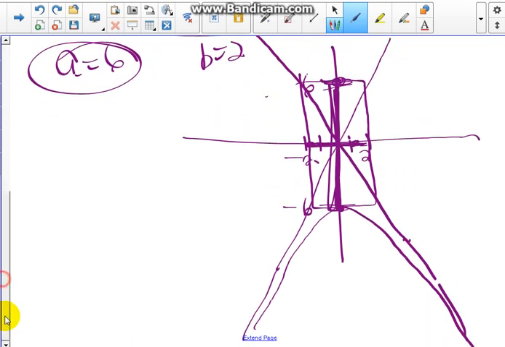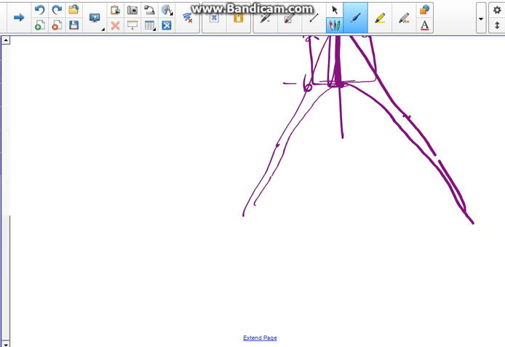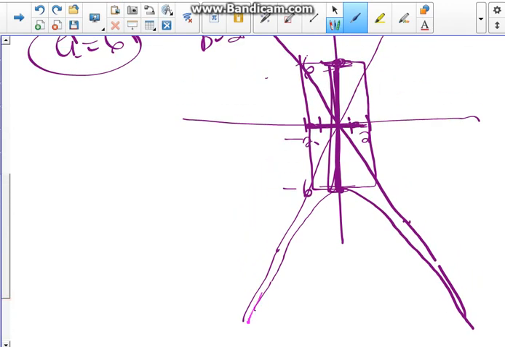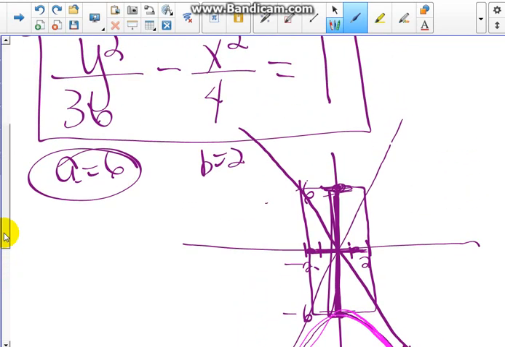So there's that one. I'll use a different color here. So there's that one, and then let's go up here, and then this one would be coming in through here. Okay.